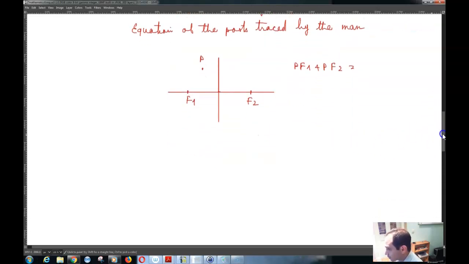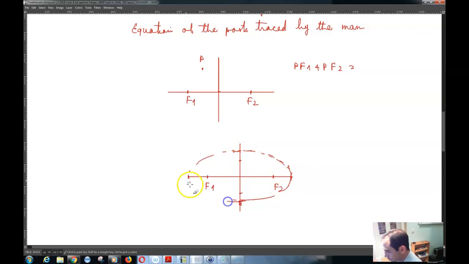In the case of an ellipse, if you have, for example, F1 and F2, then you will have some sort of situation over here. Let's suppose that this is an ellipse.